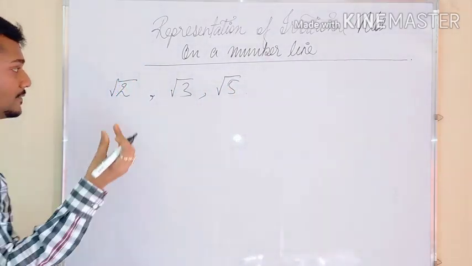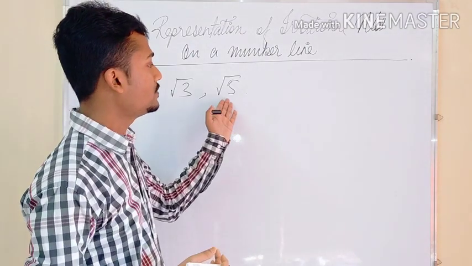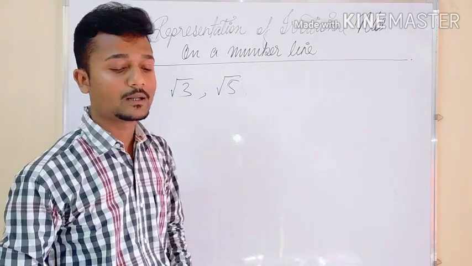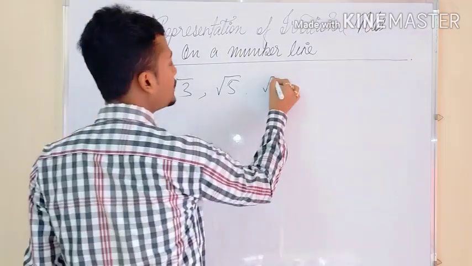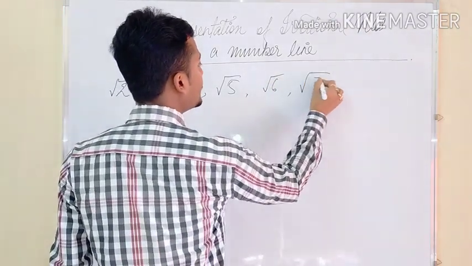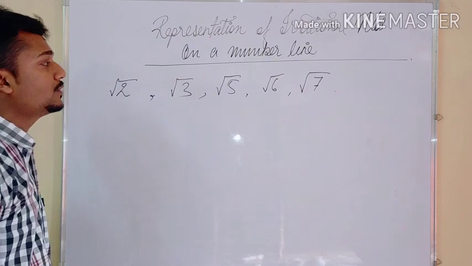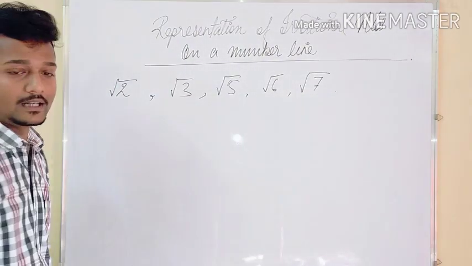I also gave a home task to find root 5, root 6 and root 7 on a number line. Out of these, I would like to discuss how to find root 6 on a number line first.